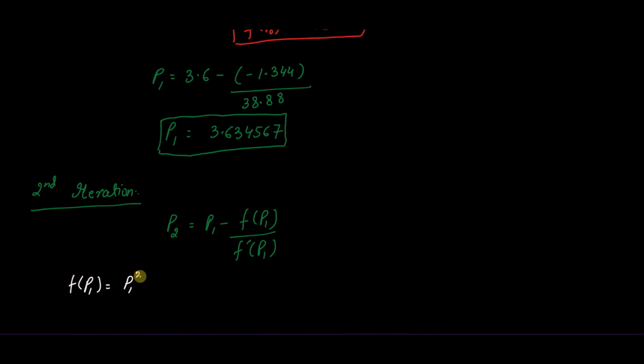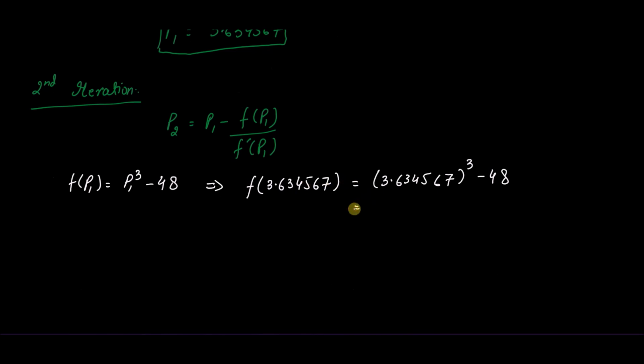So it is P1 cube minus 48, which is equal to 3.634567 raised to cube minus 48. After solving, we will get the answer 0.012910. So that is the answer of f of P1.